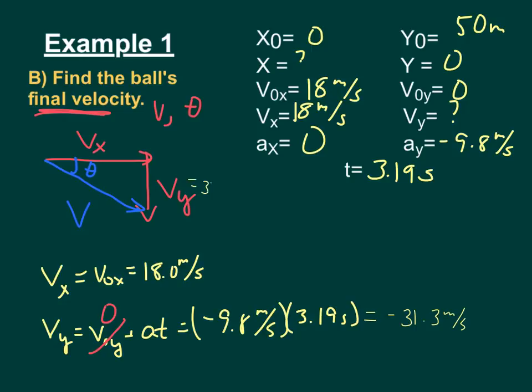We know Vy is 31.3 meters per second. We know that Vx is 18 meters per second. So we go to tangent, or theta, equals inverse tangent of Vy over Vx, equals inverse tangent of negative 31.3 meters per second, sorry about that scribble, over 18 meters per second.